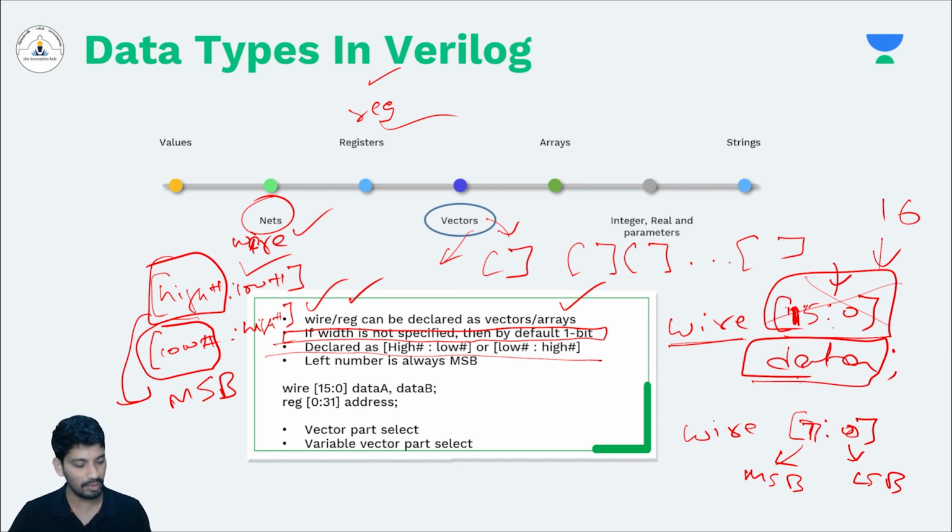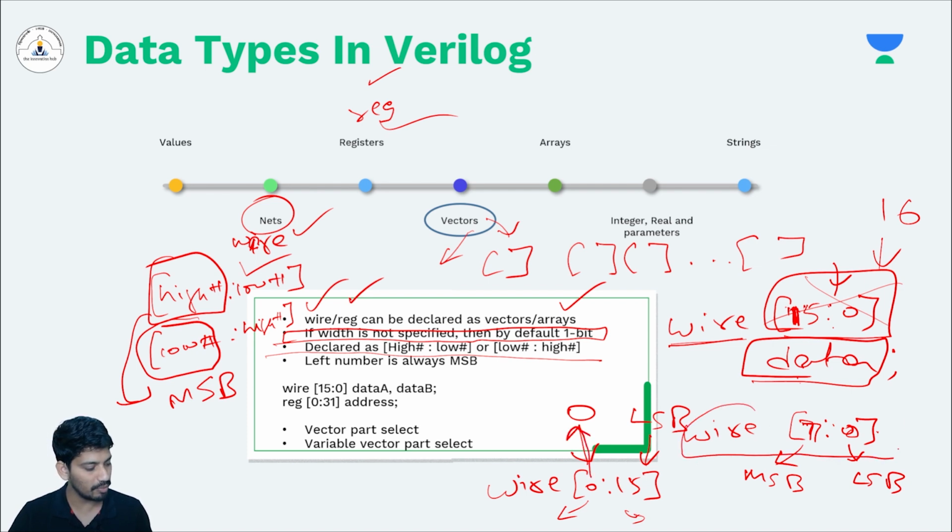So it is better to define high number down to low number, because if you define something like wire 0 down to 15, then the MSB is 0 and the LSB is 15, which is a little bit confusing because 0 is the lowest number and 15 is the highest number, but we are assigning the MSB to 0. So it is always preferable to use high number to low number.